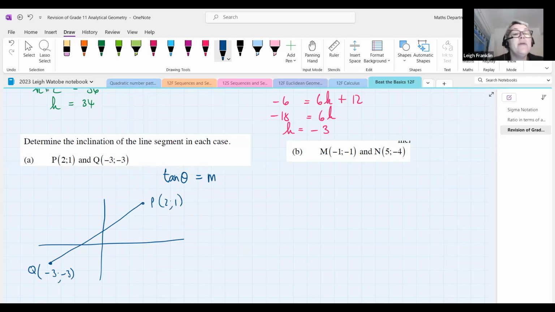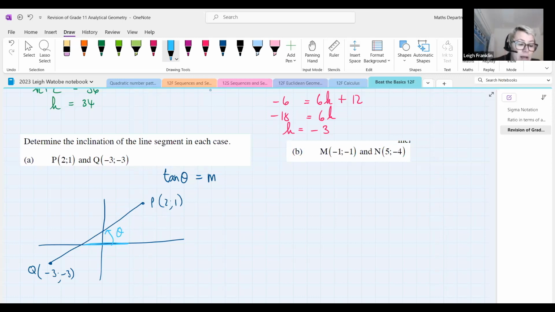Your angle of inclination is always measured from the horizontal in an anti-clockwise direction. Okay, so this would be theta over here, but it could just as well be called alpha or beta or whatever the case is. So just be careful in diagrams where there is more than one angle.